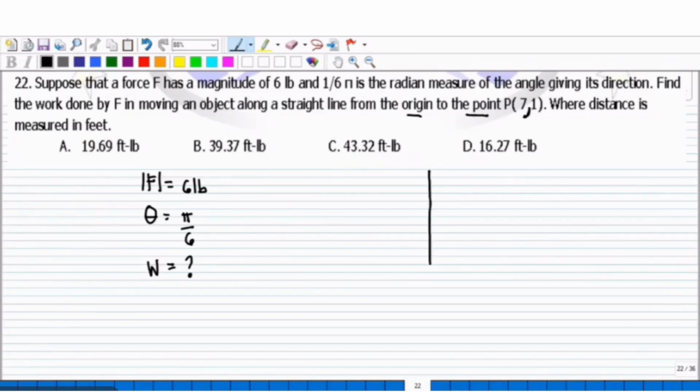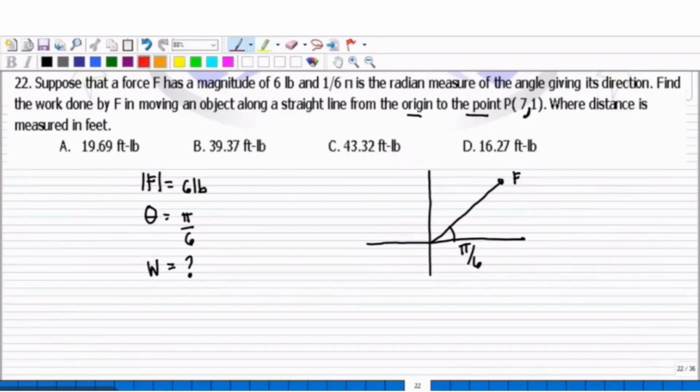Okay, so para ma-visualize natin, kailangan natin siyang ikat. So, take note po, ito po yung F natin. This is the force. Okay, and this is your theta. So, this is pi over 6, no? And we have your 7, 1 here.